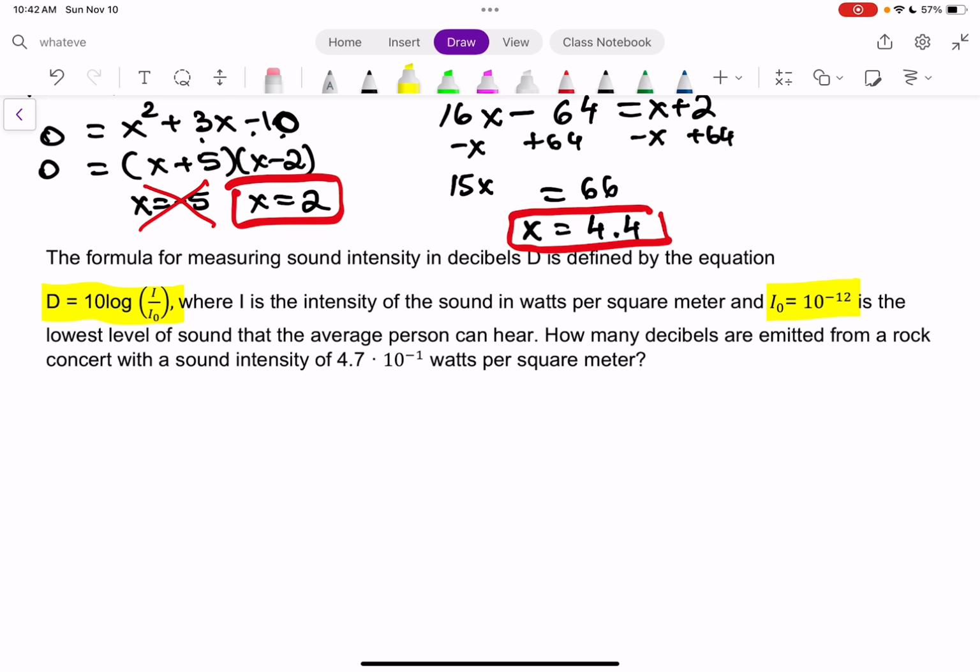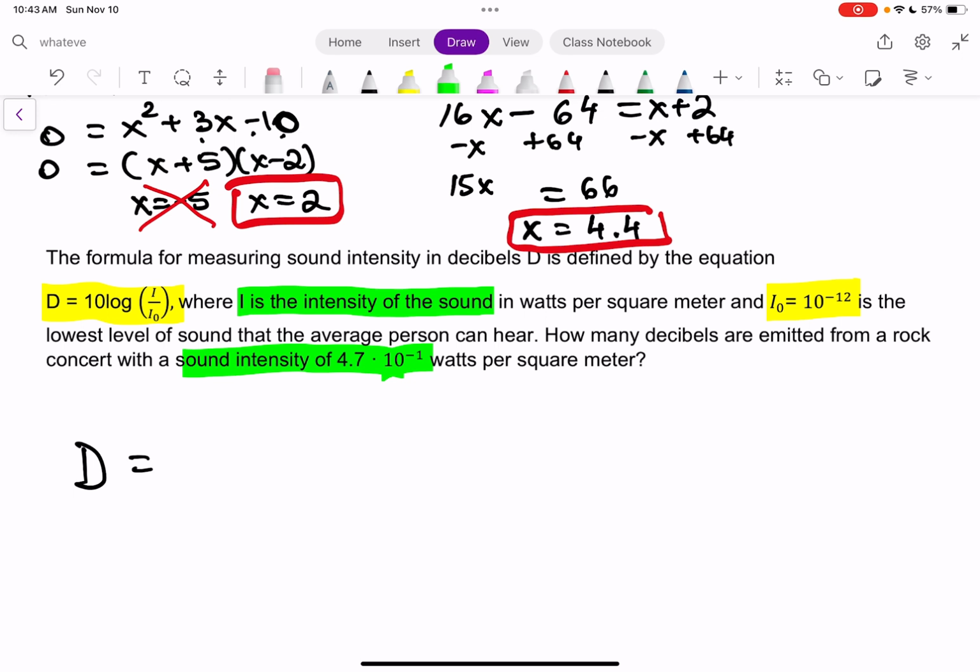How many decibels, so D, I have to find D, are emitted from a rock concert with a sound intensity of 4.7 times 10 to the negative 1 watts per square meter.